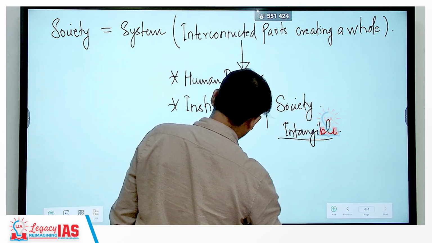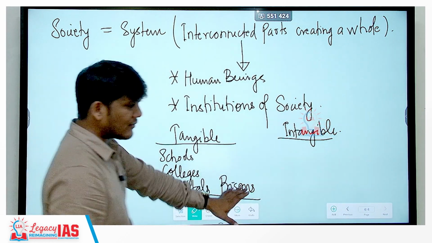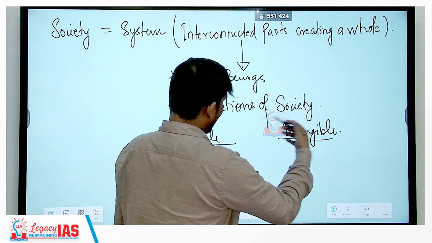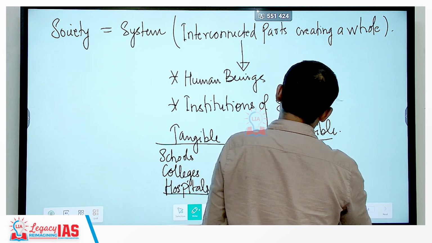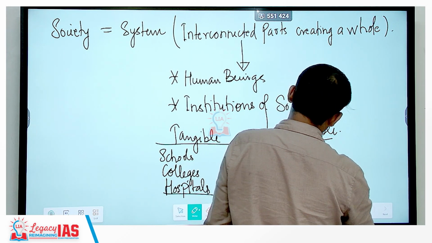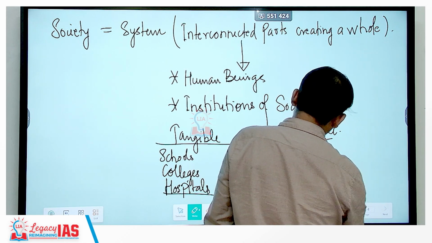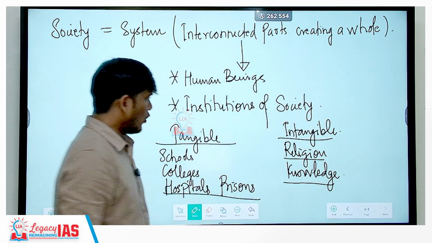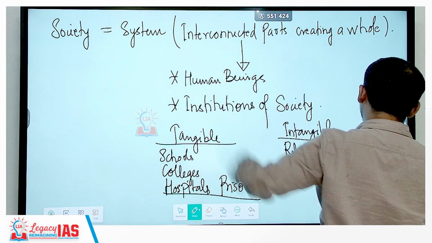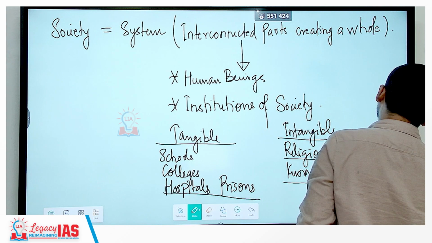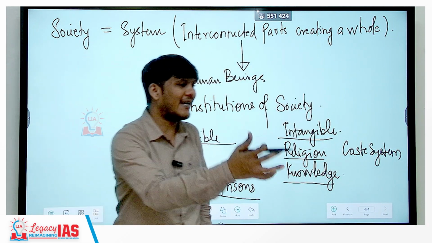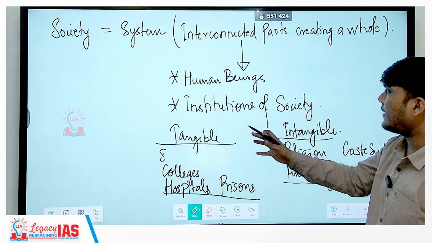I'm specifically giving this example because even prisons have a positive functionalist aspect, okay. Intangible, if you look at, you have religion, you have knowledge, right? So all these things are intangible. There are even certain other systems within the system of society, for example, the caste system. Can you touch the caste? You cannot touch the caste. It is intangible, but it is a part of the system.